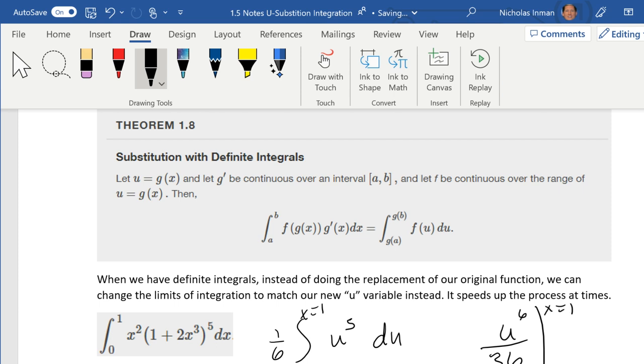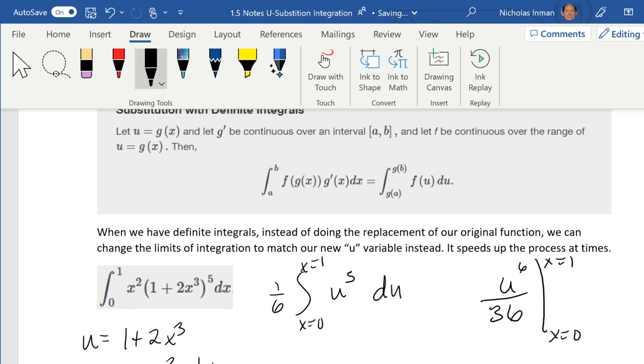Okay. So you have 2 choices once we are here. You can substitute back your u. So we can say this is 1 plus 2x cubed to the 6th over 36. And now I don't need to say x equals 0 and x equals 1. I just put 0 and 1 because we're back with x's.